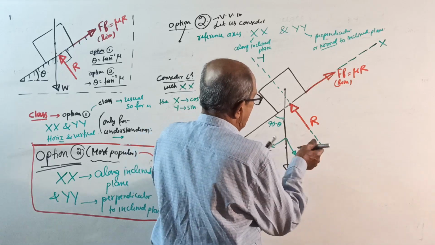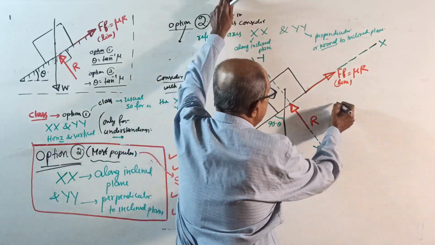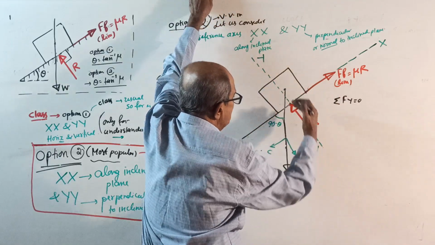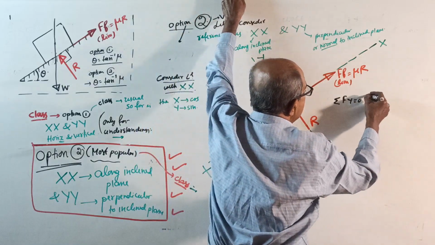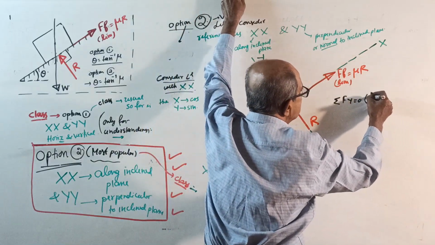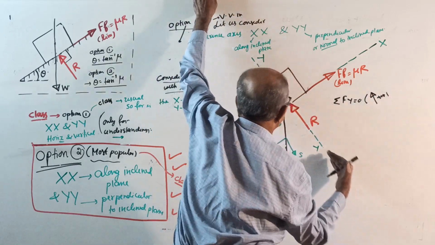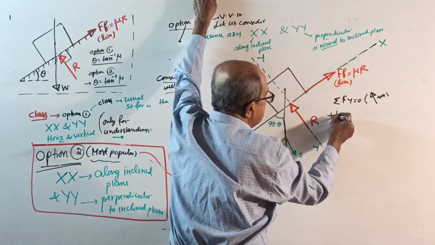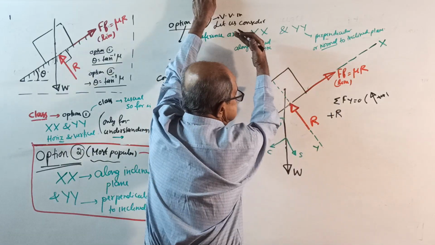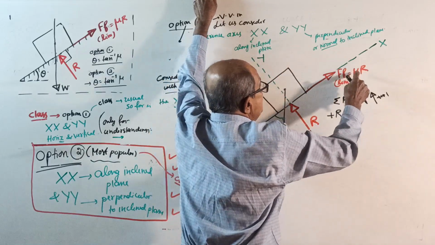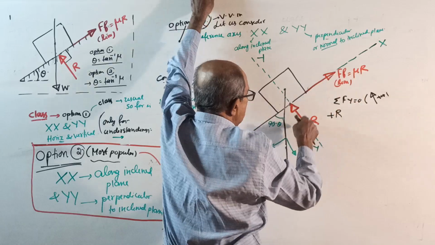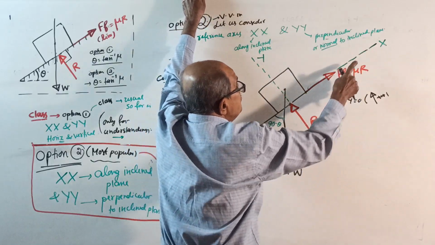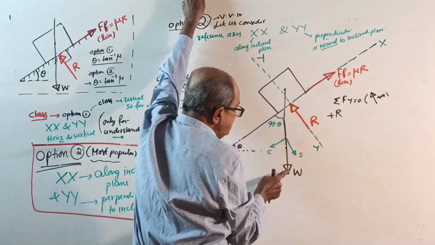Therefore, anything else? No, nothing. First as usual, make sigma Fy equal to 0. Upward positive, we will take this as positive, your choice. You get plus R, no resolution for this, it is purely along XX. This has only a Y component, this is purely X, purely Y, this is inclined.